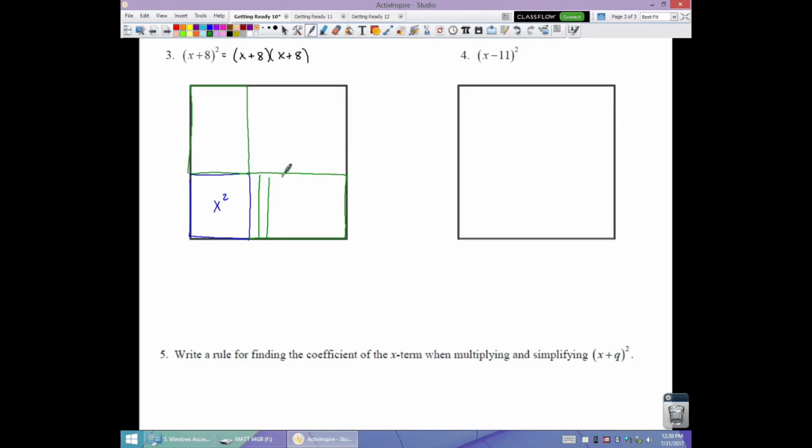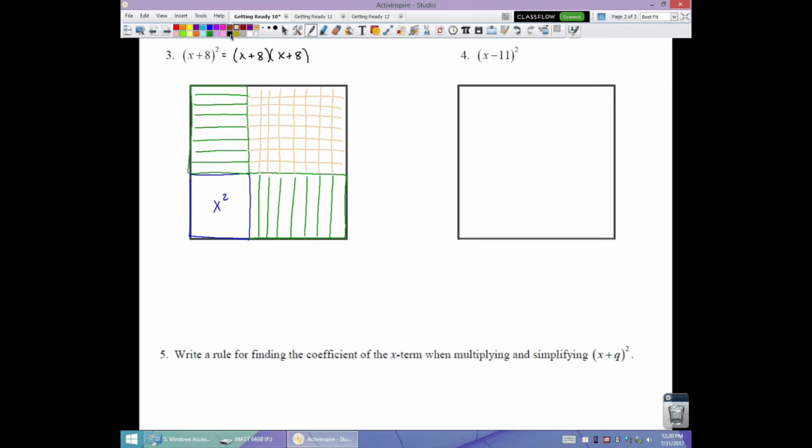1, 2, 3, 4, 5, 6, 7, 8. And I should have just drawn those all the way through, these little apricot ones are the result of extending both the vertical and horizontal green tiles.